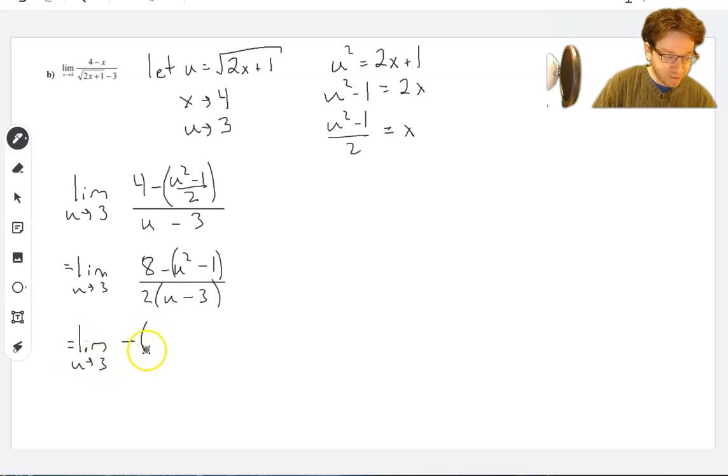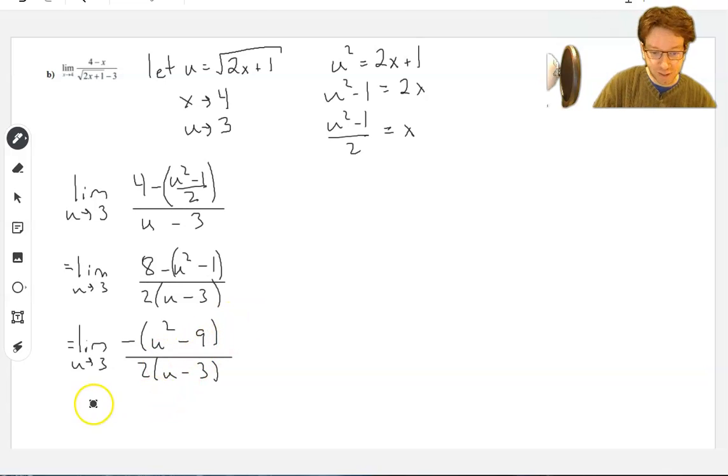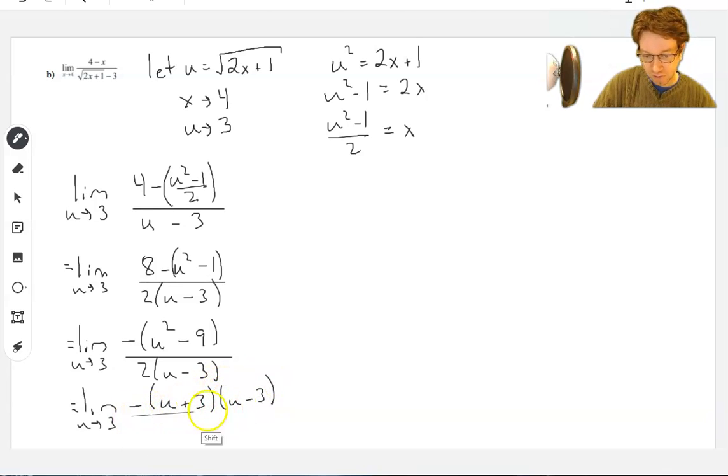So we get negative u squared minus 9 all over 2 times u minus 3. That's a nice difference of squares, because the 9 is just 3 squared. So then we get the limit as u approaches 3 of negative u plus 3 and u minus 3, all over 2 times u minus 3.